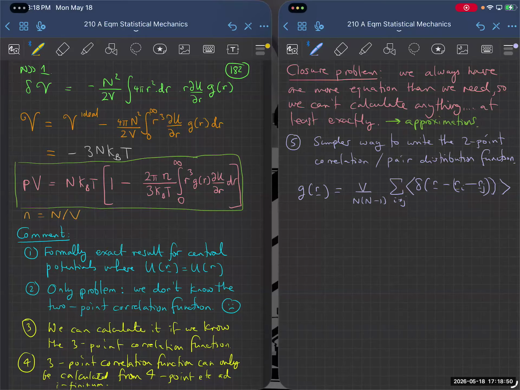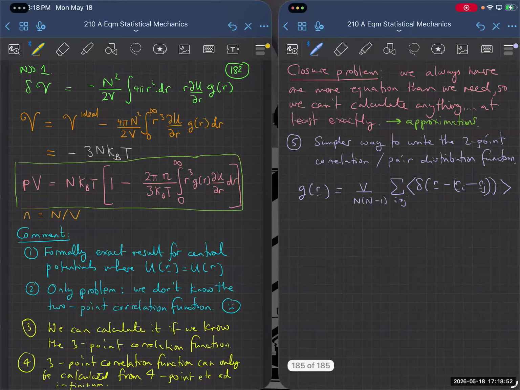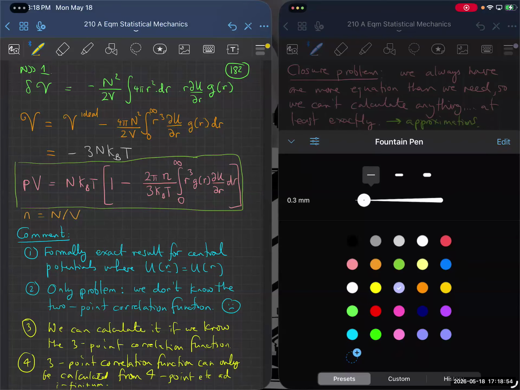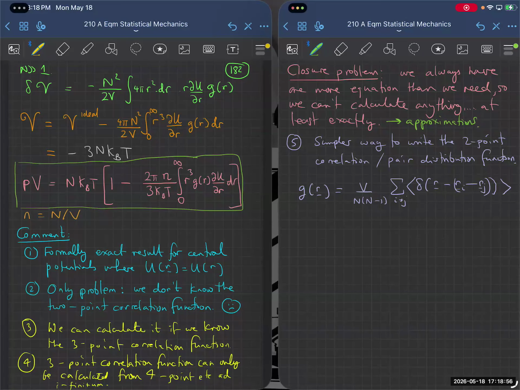And the simplification that we can make is that these are dummy variables. So let's choose i to equal particle 1 and j to equal particle 2.